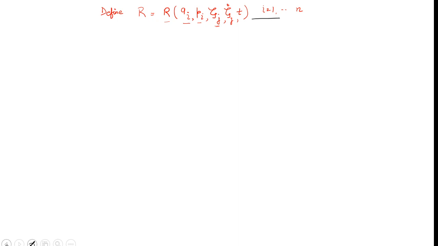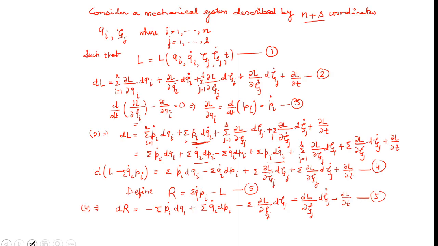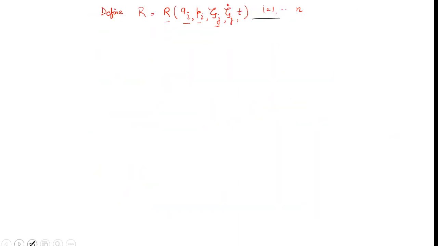This was our equation number 5. Now with the help of this R, again we'll find dR, the derivative of R. So naturally, derivative of R with respect to qi, dqi, summation is for i. Here j is going from 1 to s.